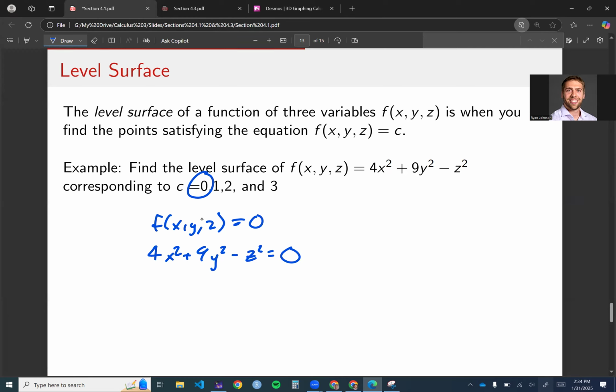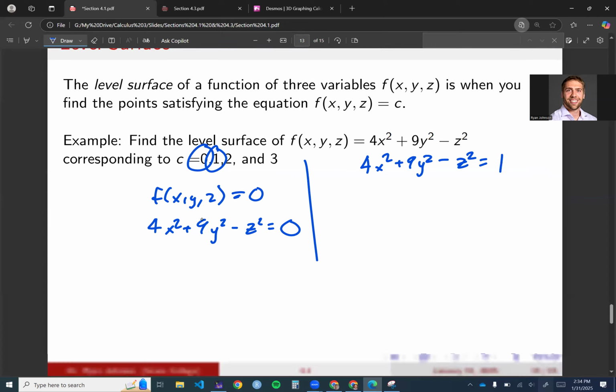So it's an hourglass up and down. Okay? Now what if you set it equal to 1? So 4x squared plus 9y squared minus z squared equals 1. Now what do you have? Hyperboloid of one sheet, yeah? Okay.